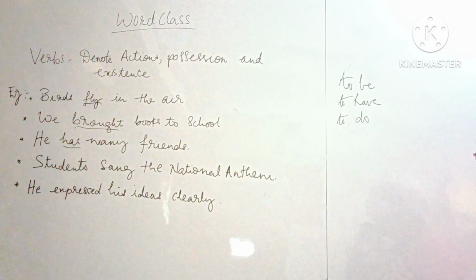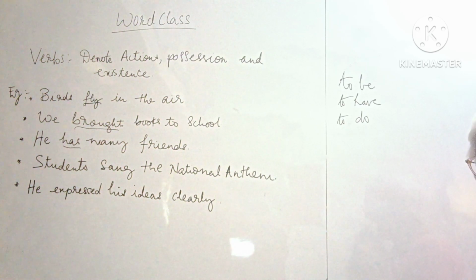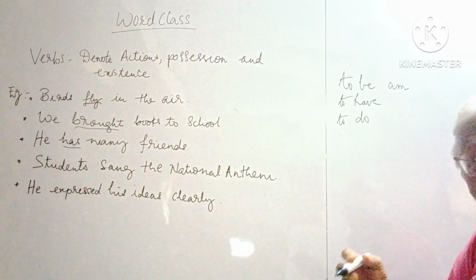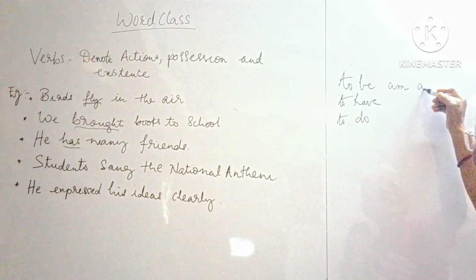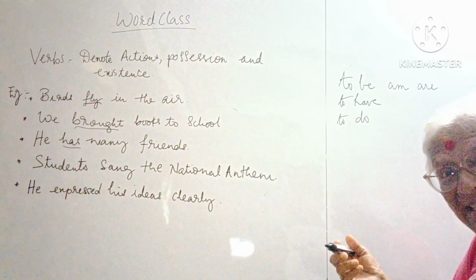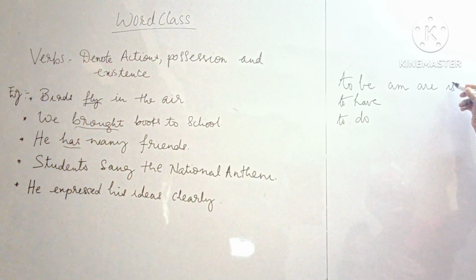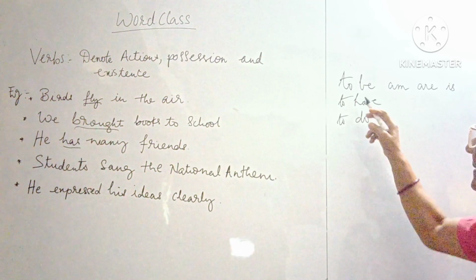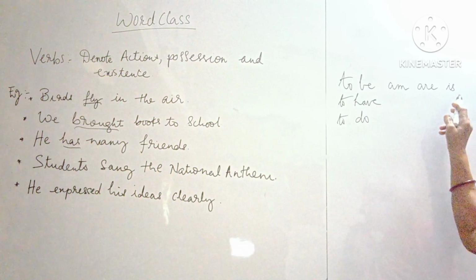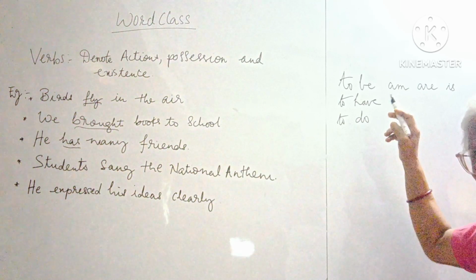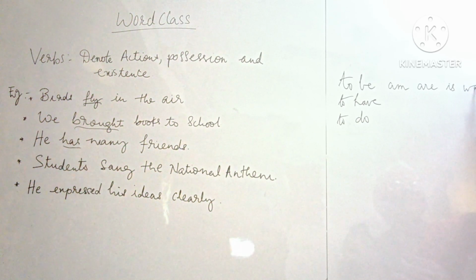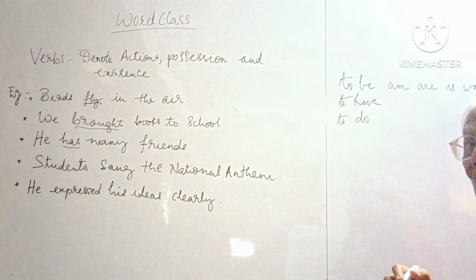Now extension of to be will be I am, you are, he is, she is, they are. So here the to be verb gets these different forms. Now this is the present tense. When you come to the past tense, I was, they were.